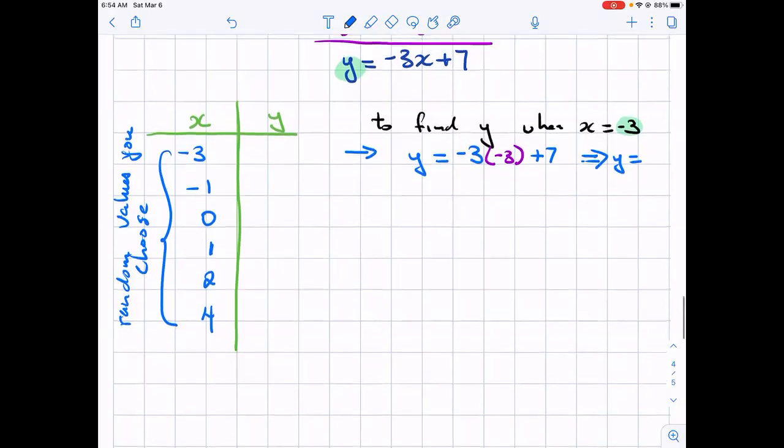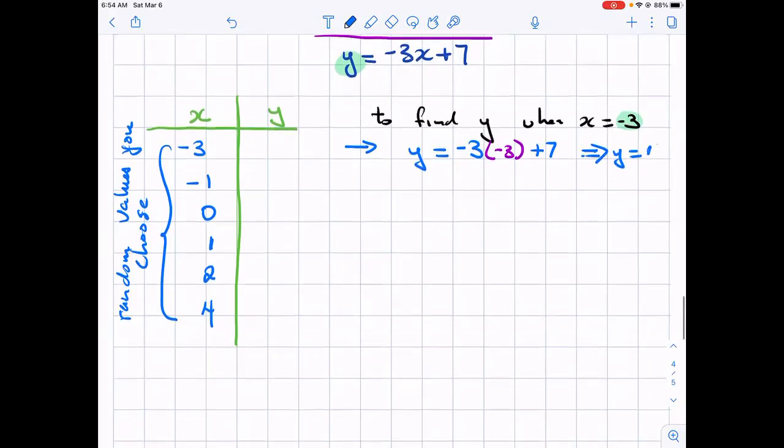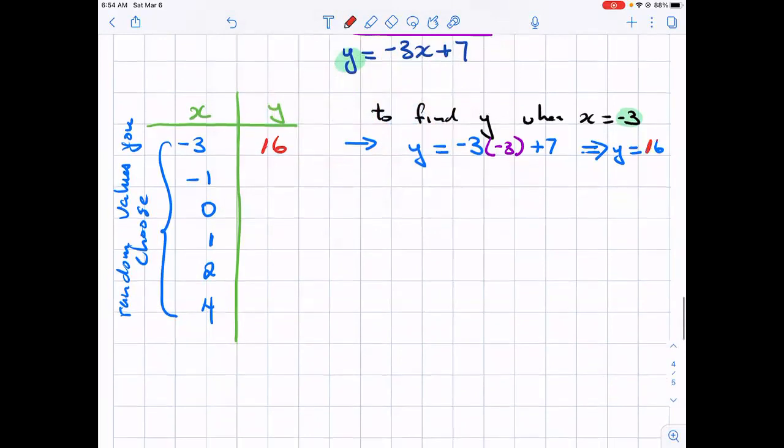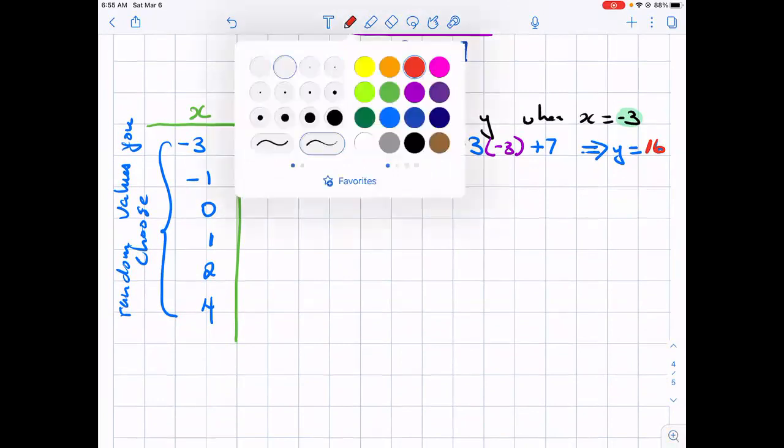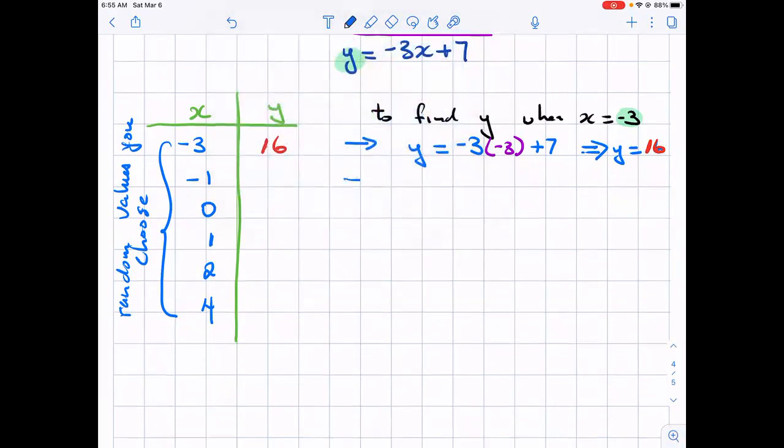So this becomes 9 plus 7, which is 16. So here, the value you found is 16. Let's put this in red also. And we can continue doing this for all of these numbers.